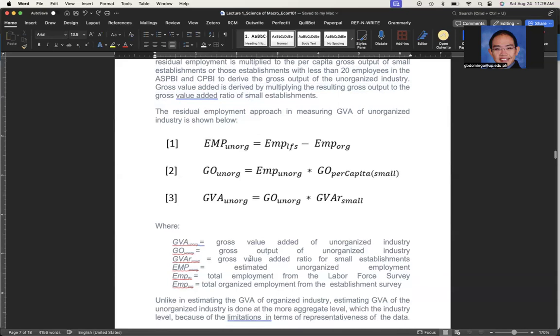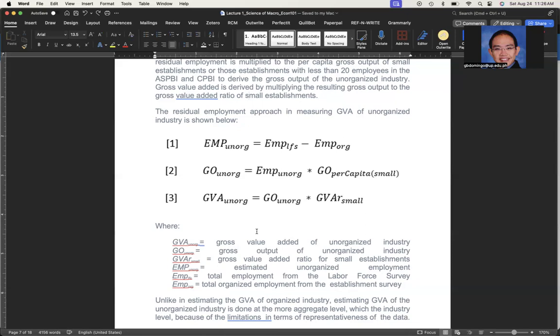That's the gross value added ratio of small establishments, and then you're multiplying it by the gross output of the unorganized. What that will give you is the gross value added for the entire unorganized part of that particular industry.